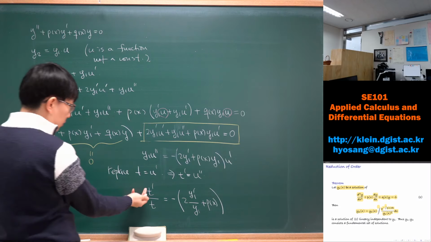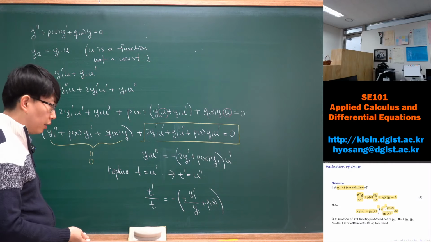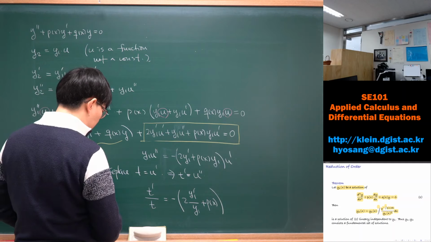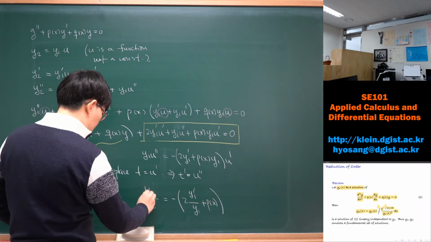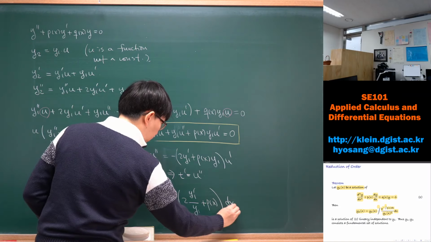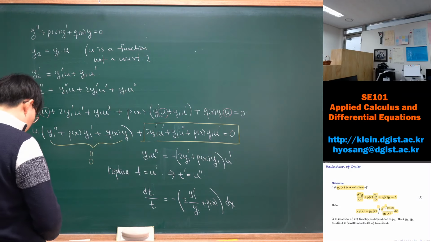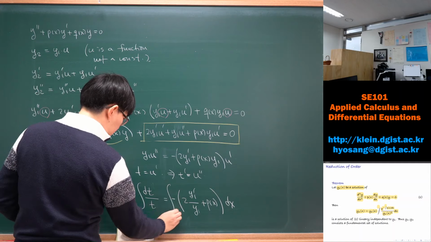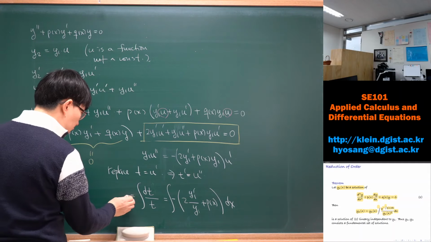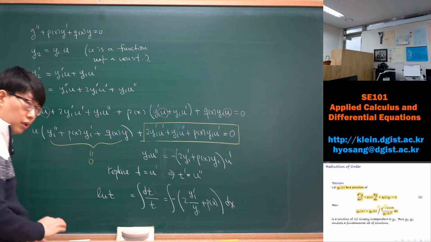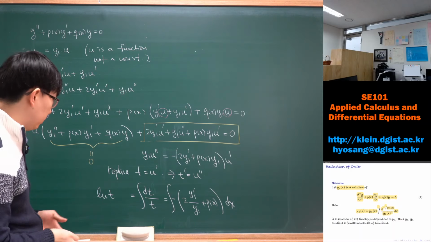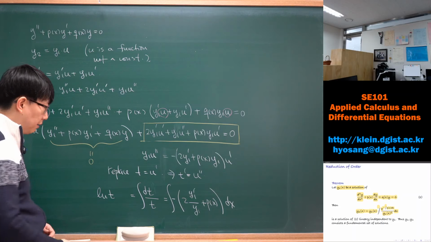Now t' is nothing but dt/dx, so I can rewrite this into dt/dx, and then take the integral. On the left hand side I get ln t. I don't want to put the absolute value sign because I'm just taking an indefinite integral.